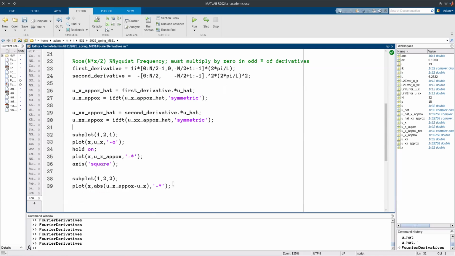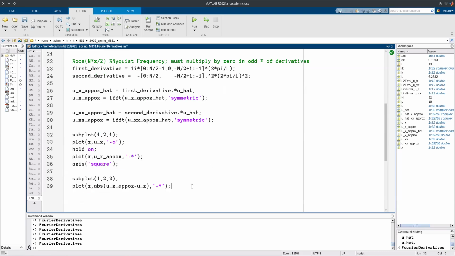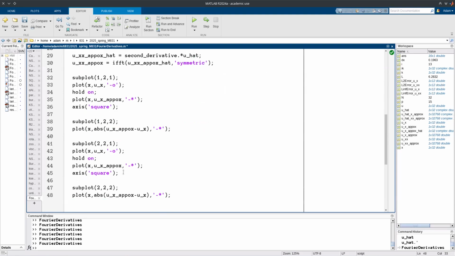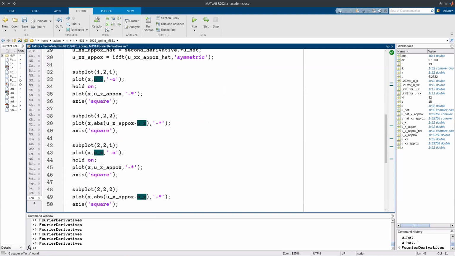Great. So then maybe we'll have an extra row in our subplot. Oops, I guess I should undo that. We'll copy these. Plot again. Oh, I guess I want all of these to be square. And for these, we'll plot the second derivative, the error in the second derivative. Oops.